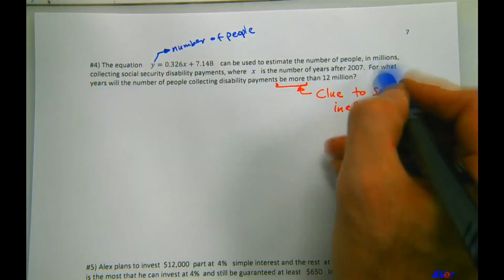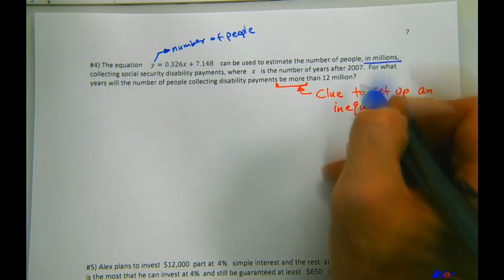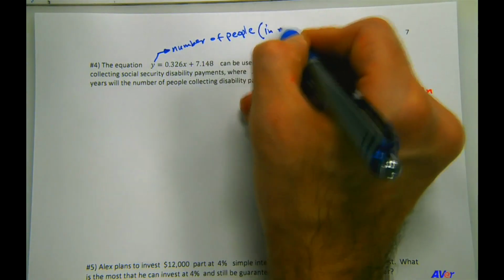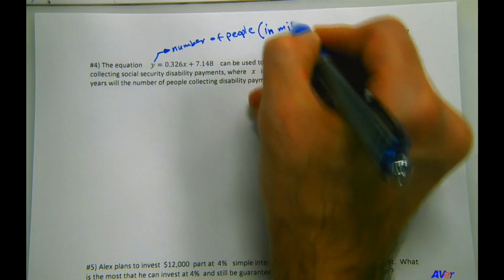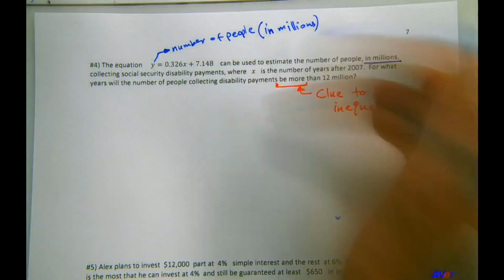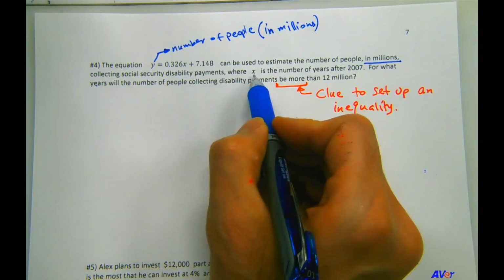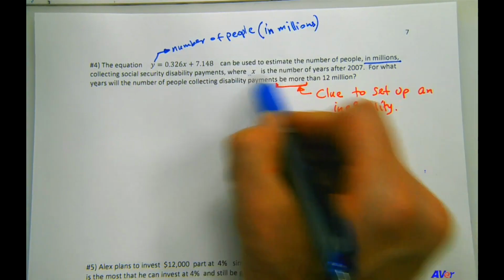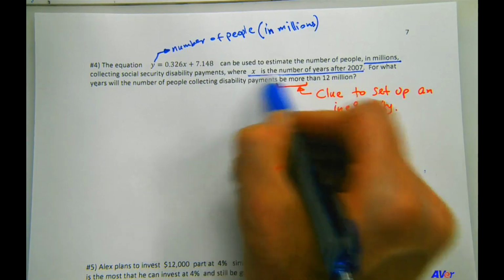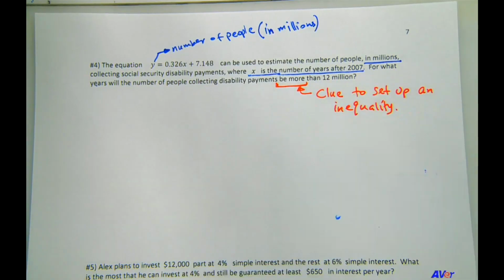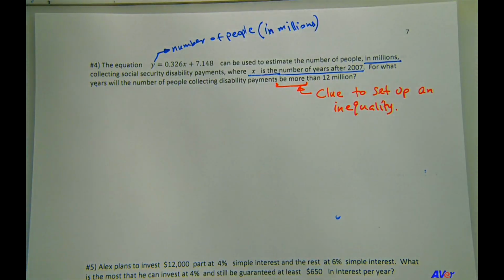Very important, this unit is in millions. Collecting Social Security disability payments, where x is the number of years after 2007. So if x is 2, we're talking about 2009. If x is 5, we're talking about 2012, and so on.